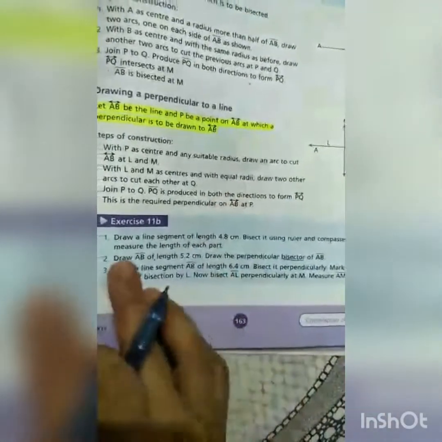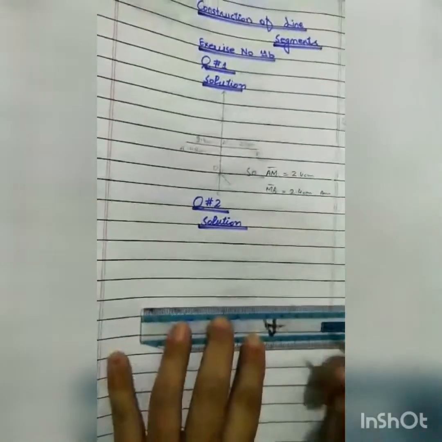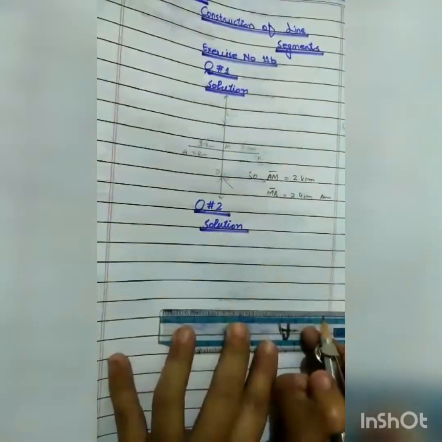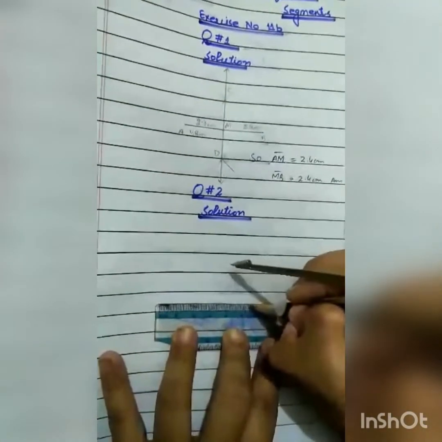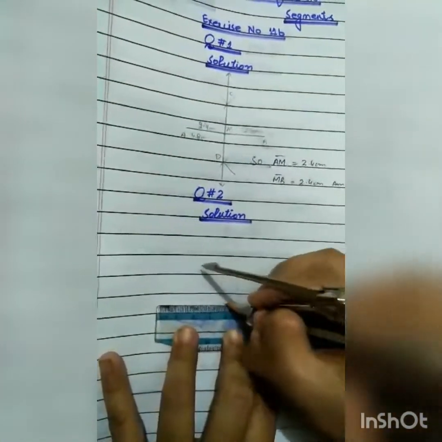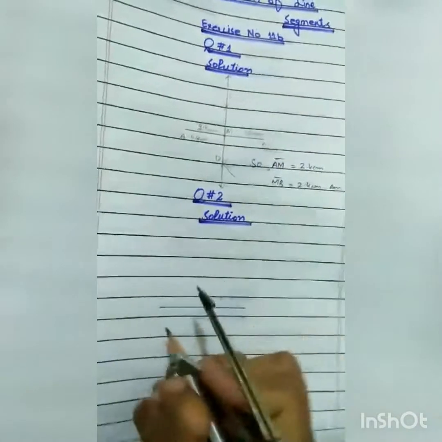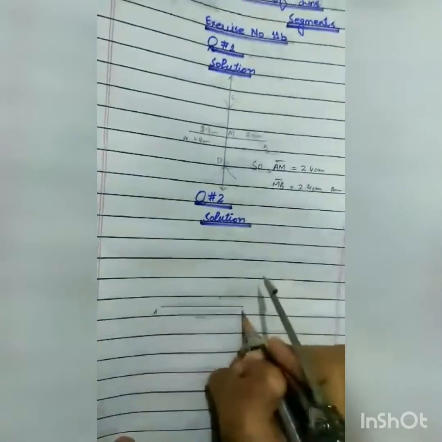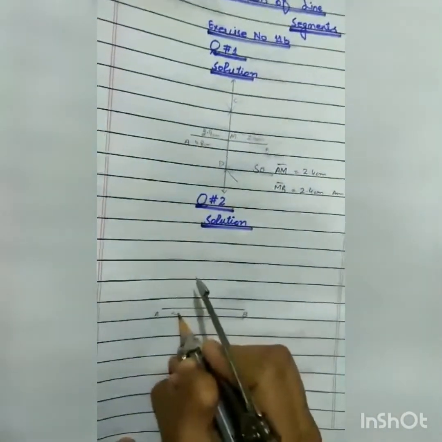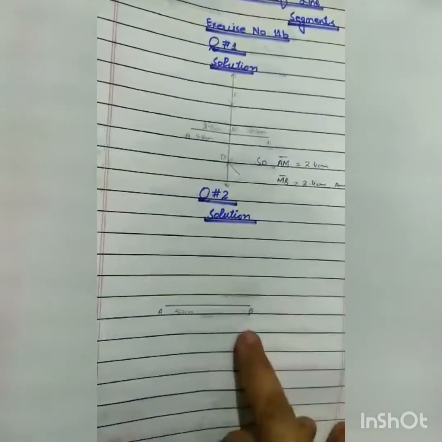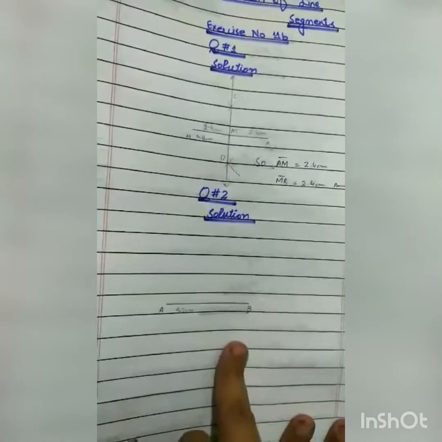So first we will draw AB, 5.2 centimeter. Look here, this is AB, 5.2 centimeter, and now we will draw the perpendicular bisector.